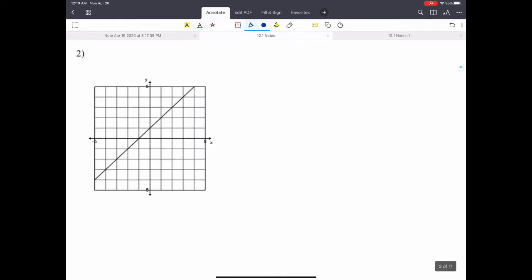All right, when you're looking at a graph, and this graph should have arrows on the ends of it, you're asking, what is the domain? Sometimes this is difficult for people to figure out. But if you're looking at any linear graph, especially if it's not vertical, the domain is all reals. That's the symbol for all reals.